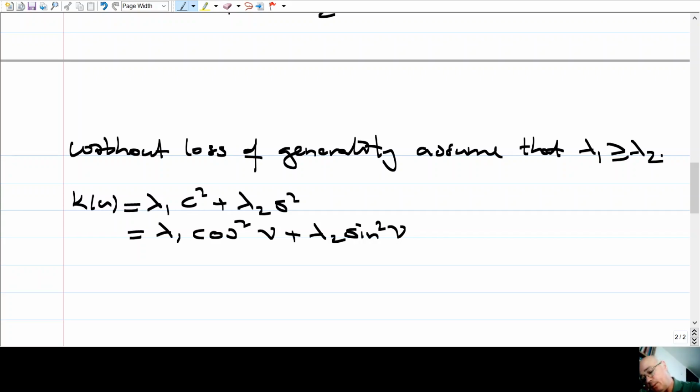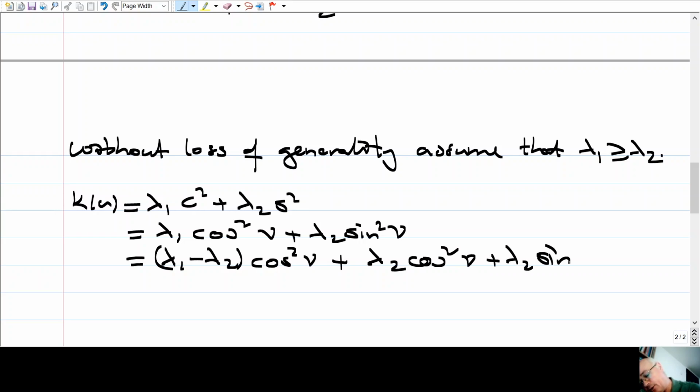Since lambda 1 is larger than or equal to lambda 2, I can write this as lambda 1 minus lambda 2 times cosine squared mu plus lambda 2 times cosine squared mu plus lambda 2 times sine squared mu. I can group this as lambda 2 times the parentheses sine squared plus cosine squared, which is 1. So this is what we get: lambda 2 plus lambda 1 minus lambda 2 times cosine squared mu.